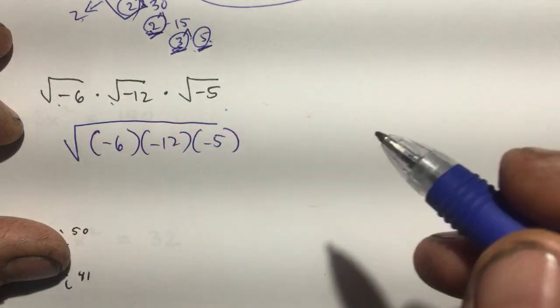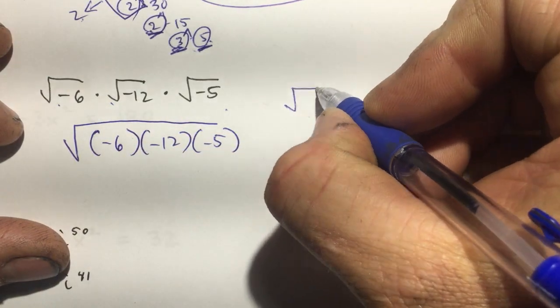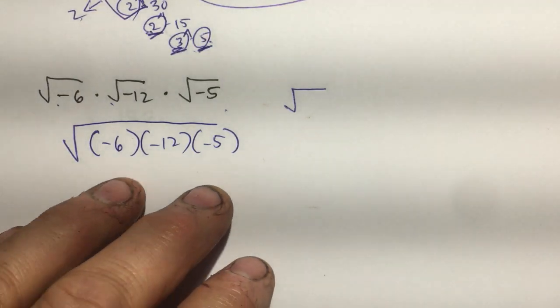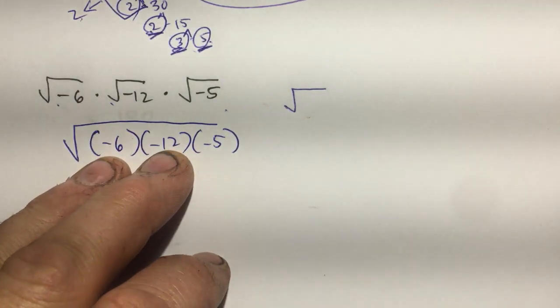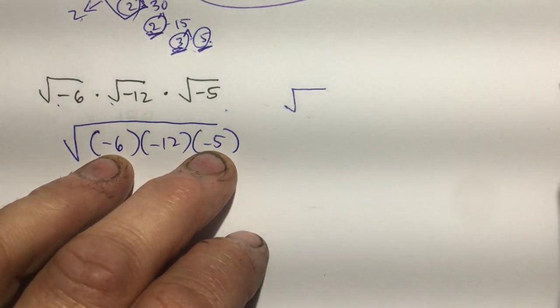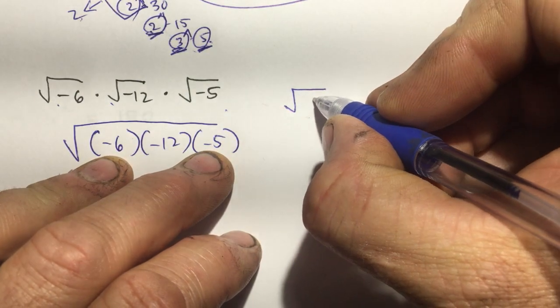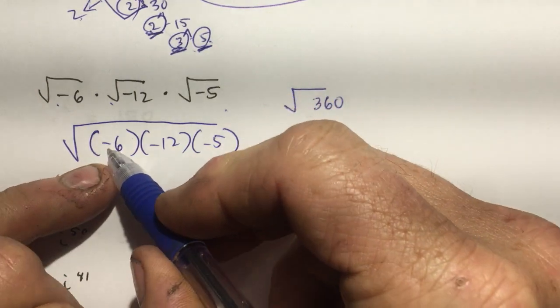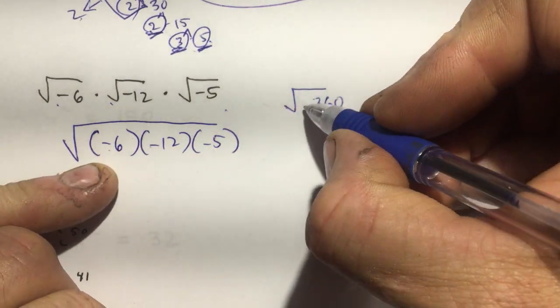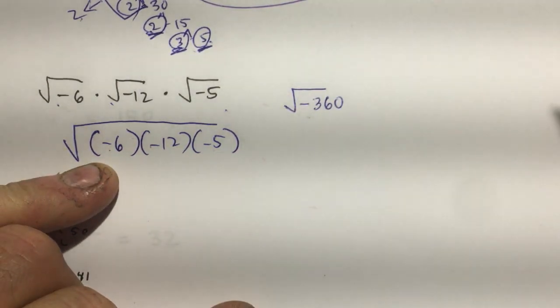Okay, and then I just multiply them together. So when I multiply them together, what do I get? Well, 6 times 12 is 72, times 5 is, what is that, 360? And then 3 negatives would be negative. Okay?